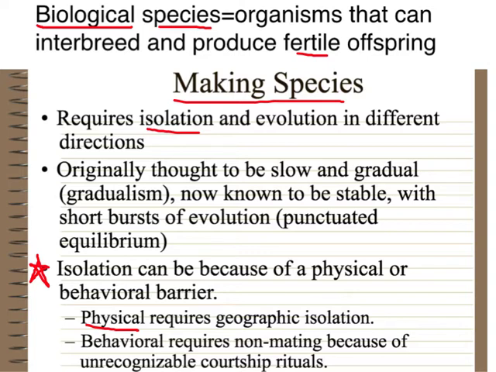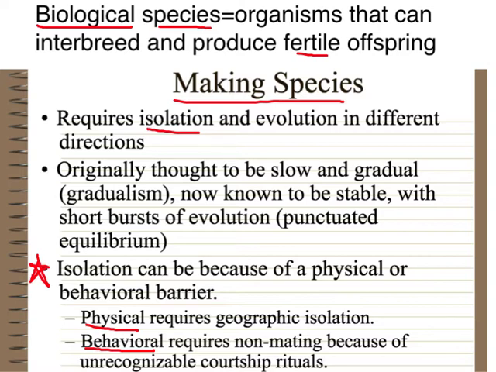The second way that you can isolate is behaviorally. So if, for example, an animal or a group of animals are hand-raised by humans, they don't learn the proper courtship rituals to be able to mate with individuals of their own kind. So that would be an example of behavioral isolation.